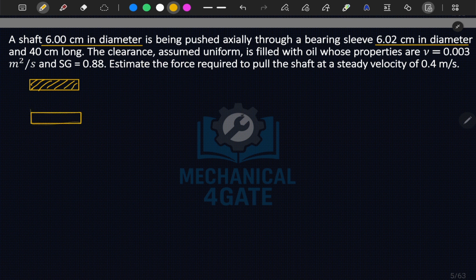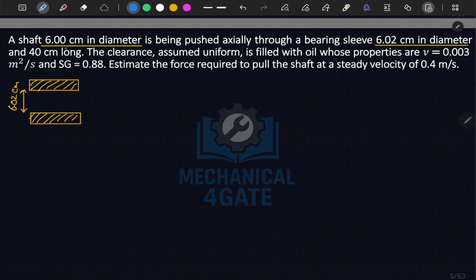This is your bearing sleeve, and this gap between these 2 points is your 6.02 centimeter, as mentioned here, this is your diameter. We have a shaft inside of diameter 6.